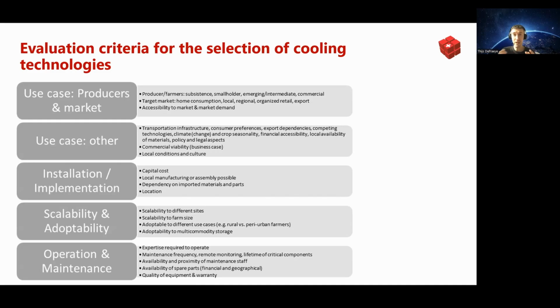So which scale am I looking at? Can I scale to different farms, farming communities, and so on? Can I use the same technology maybe for other types of use cases? So is this multiplicable? Is it only a very customized solution for one use case, or is there a scalability? This is often important if you're dealing with a lot of humanitarian organizations, for example.